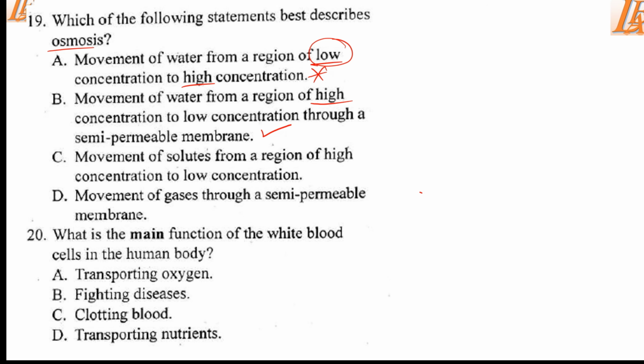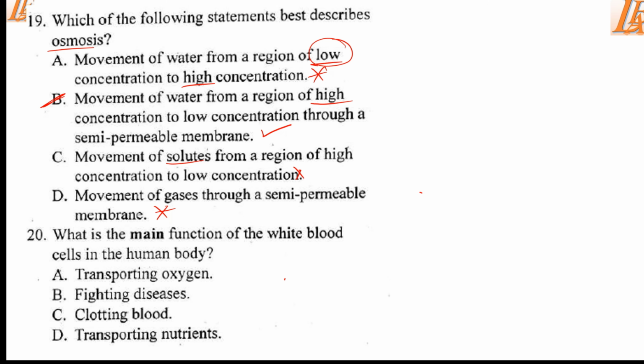C, movement of solutes from a region of high concentration to low concentration. Solutes are solids which can dissolve in a liquid. So in this case, this one does not make sense. Then D, movement of gases through a permeable membrane. This one is also wrong. So the correct answer here is B, which is the movement of water from a region of high concentration to a region of low concentration through a permeable membrane.